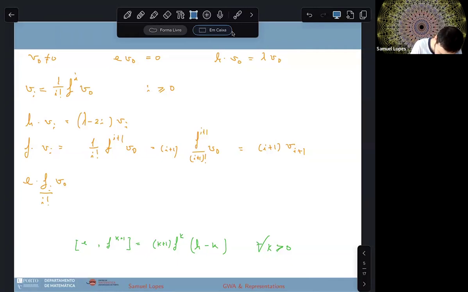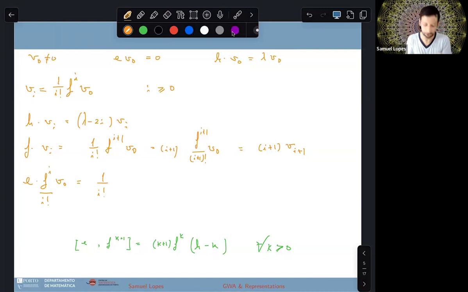So this is 1 over i factorial. I want to change the order of e and f to the i. Sorry, for some reason my exponent of i ended up as an index. Mysteries of life.